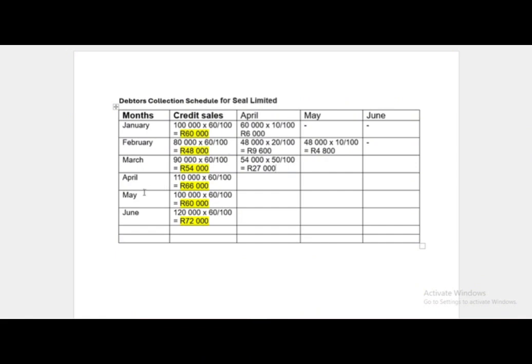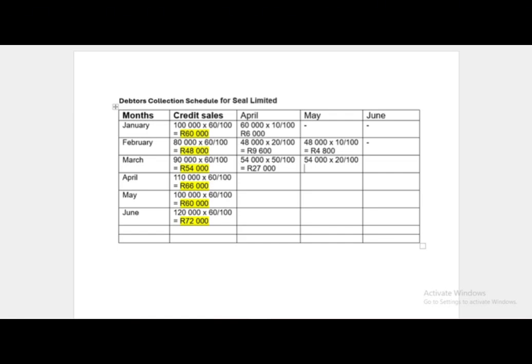In May, because it's the second month, we're collecting 20%, so it's going to be 54,000 multiplied by 20 divided by 100, because in the second month following the month of sale, we are collecting 20% of that credit sales.